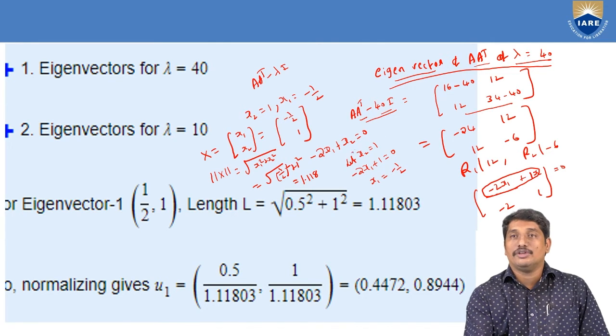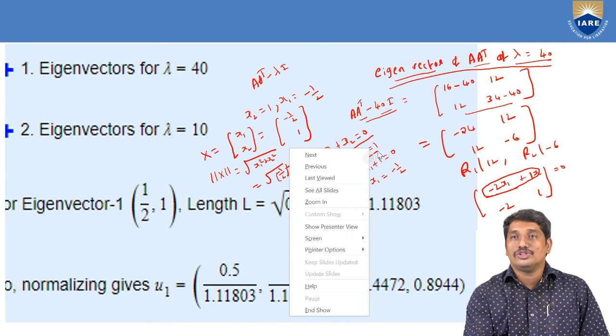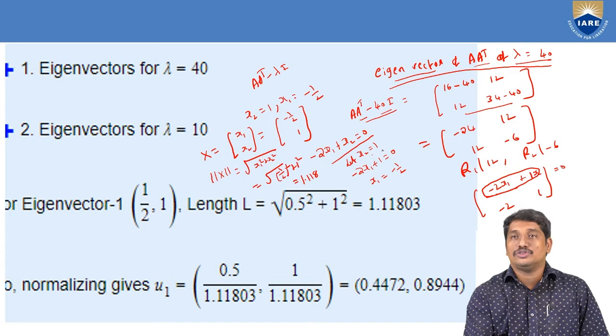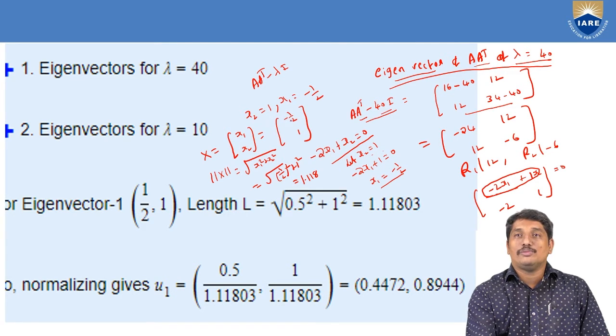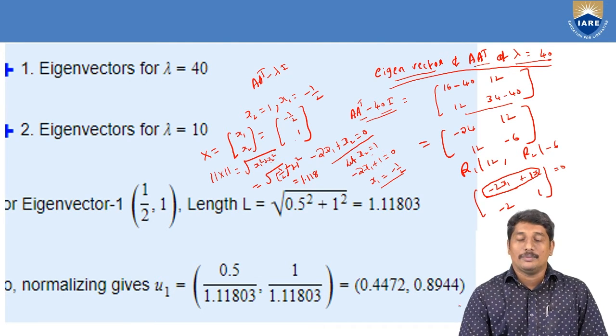That is the equation we have written here. We have taken by default x2 is equal to 1, and hence x1 is minus 1 by 2. So we got x1 value minus 1 by 2, x2 value 1, which is called the vector x. We have calculated norm x, which is root of minus 1 by 2 whole square plus 1 square, which is 1.118.